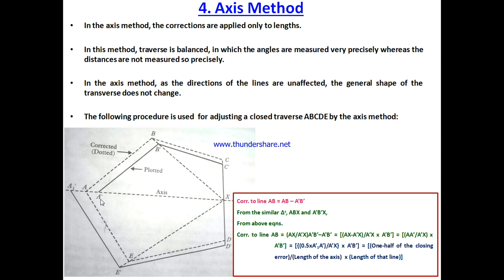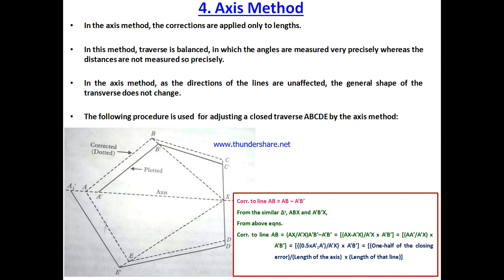Means this error, which is equal to A dash A1 dash, this particular length, suppose it is x centimeter or x meter, I need to divide this x meter and distribute it in the different traverse lines, A dash B dash, B dash C dash, C dash D dash, D dash E dash, in such a manner that I can get a closed traverse. So how to do that?